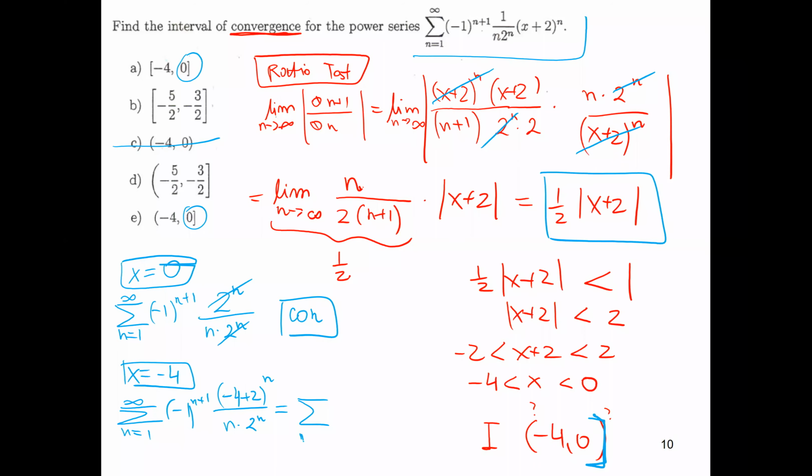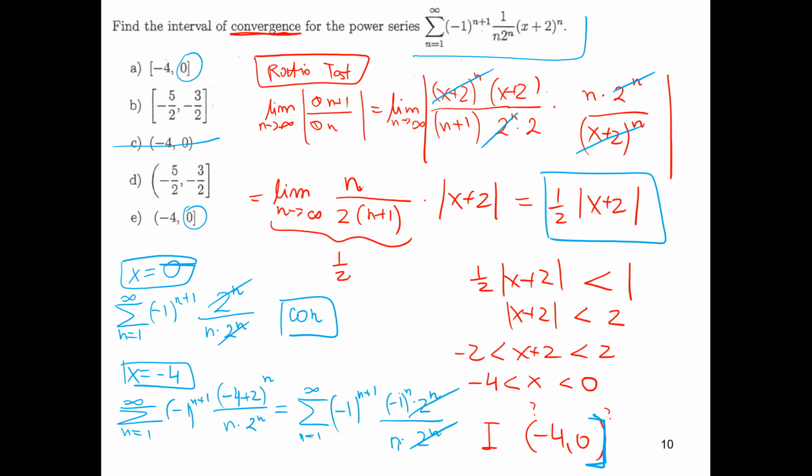And -2 to the n means that we have -1 to the n and 2 to the n. I just split it because I would like to get rid of this.